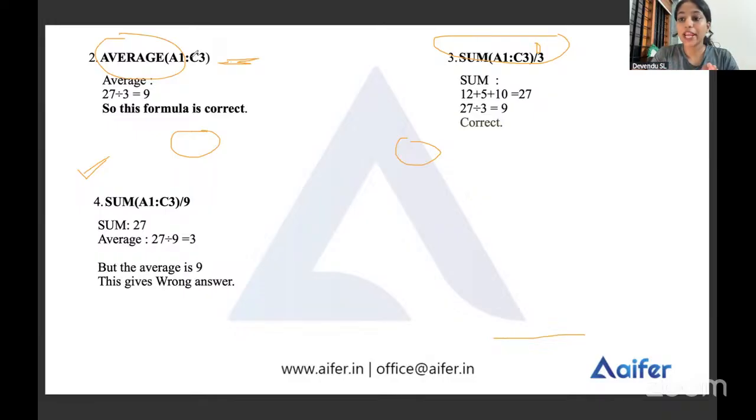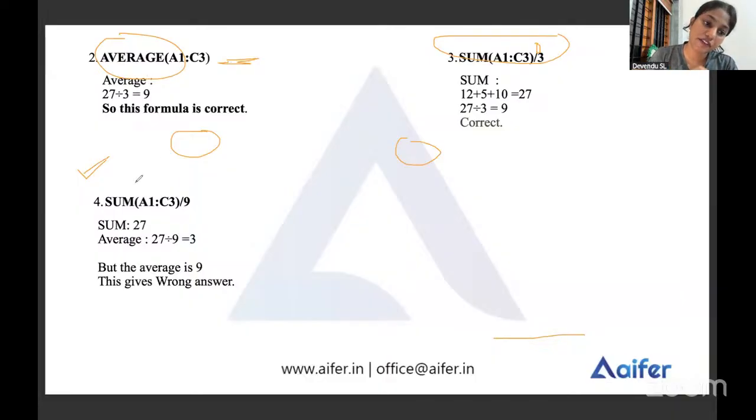So wherever there is a number in a cell from A1 to C3, we include it and find the average. We have 12, 5 and 10, right? So when we add them and divide by 3, we get the answer 9. So this formula is correct.